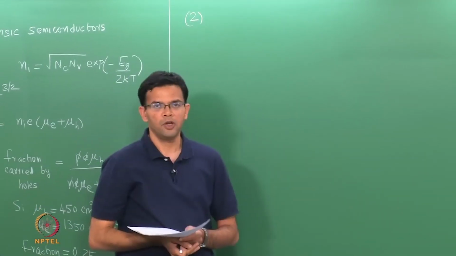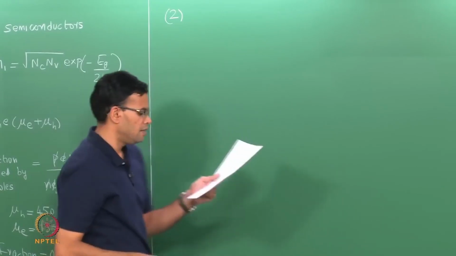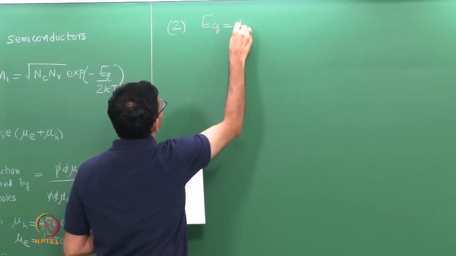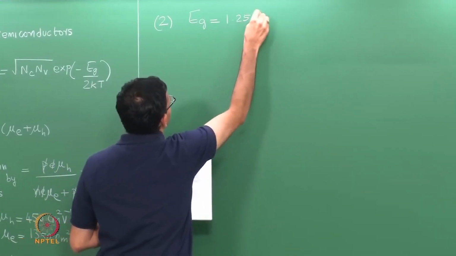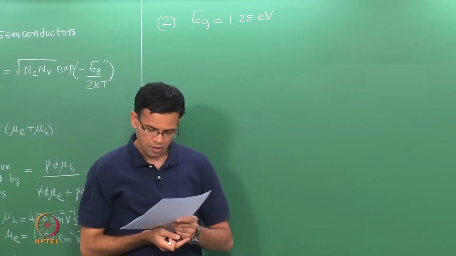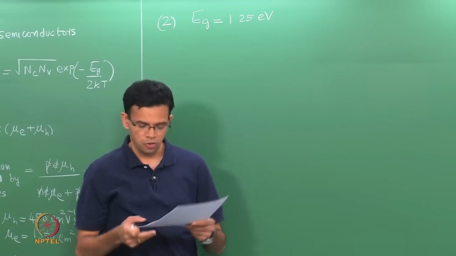So, we have a pure semiconductor or an intrinsic semiconductor, the band gap is 1.25 eV. The effective masses of the electrons and holes are also given.